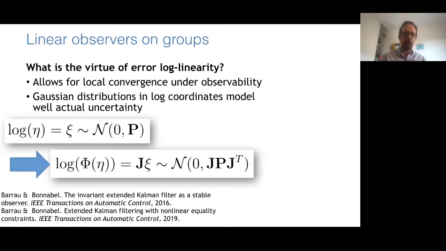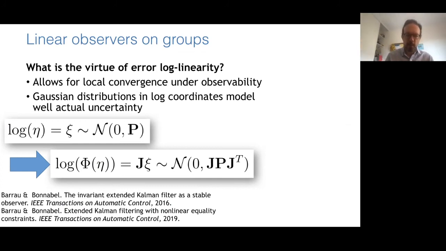Using this property, we can come back to banana distributions, and we show that banana distributions, which are actually distributions that are Gaussian in log coordinates, remain Gaussian in log coordinates through propagation.